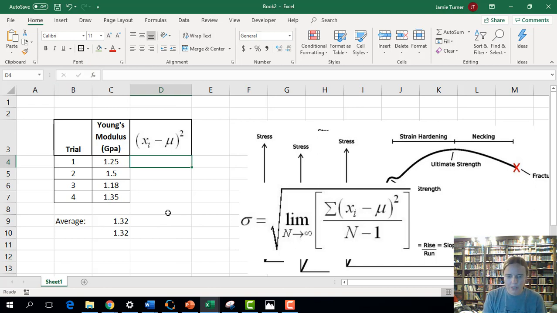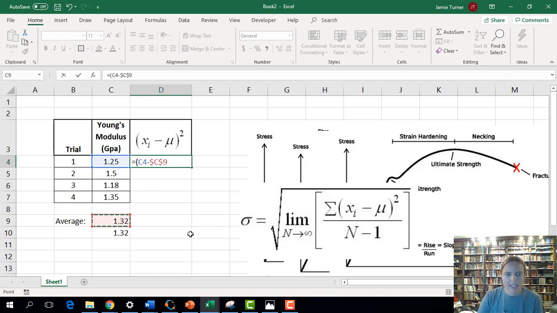So what I'm doing for this piece of the equation is I'm looking at the difference between each data point and what my average is. And since I'm coming back to the same average for all of these, I will use $ signs for that cell. So the red cell, as I copy this equation down, the red cell will be held in place while the blue cell will update. Okay, and that's $ signs.